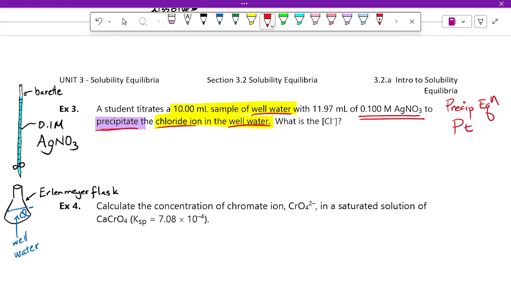PE. Now this can confuse students a little bit because they're like, I have chloride, I have AgNO3, and I have chloride. Oh, that's ugly because one of them has a partner and one of them doesn't. What could I do with the NO3? I could just get rid of it because it is a spectator.